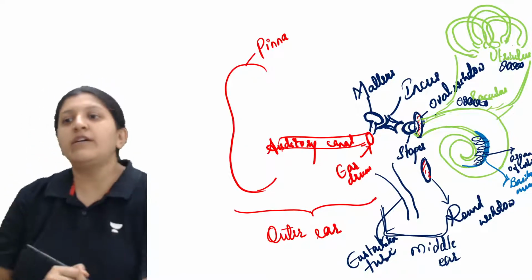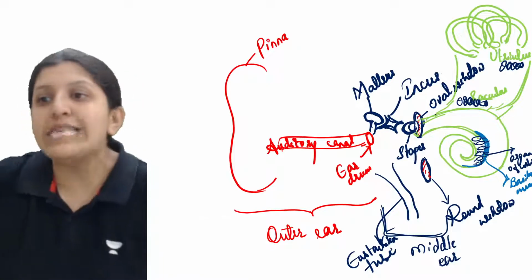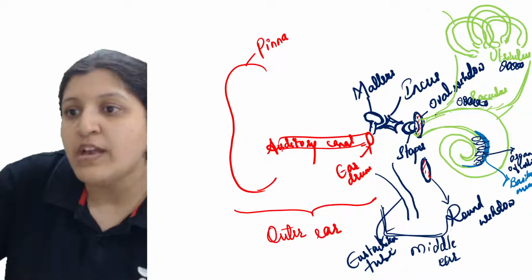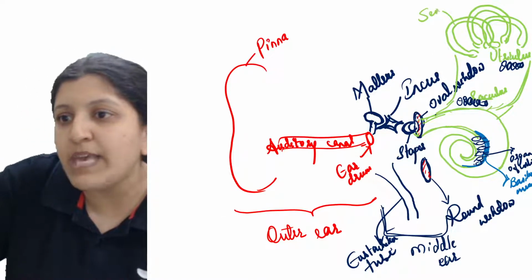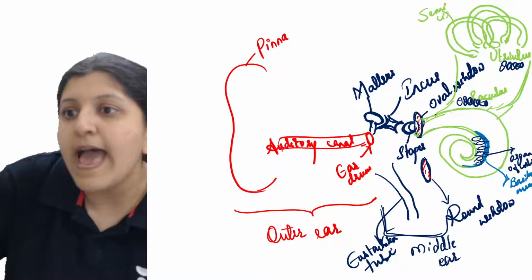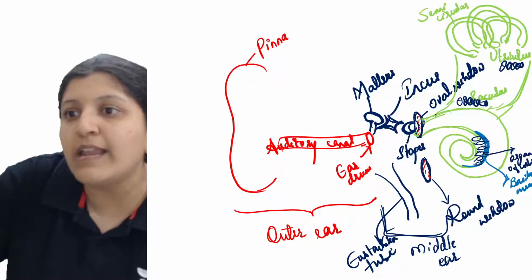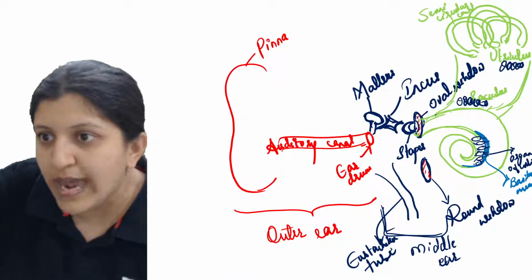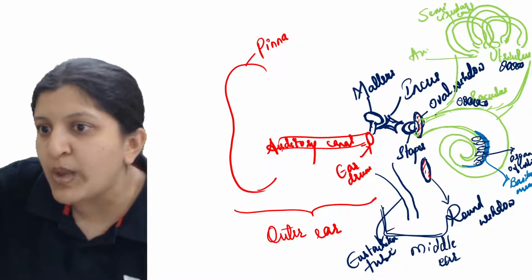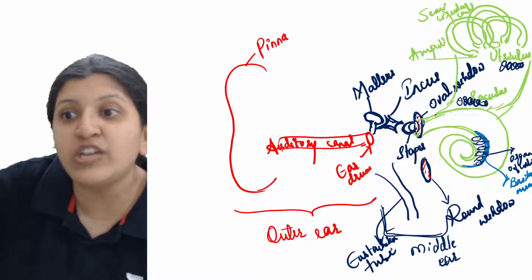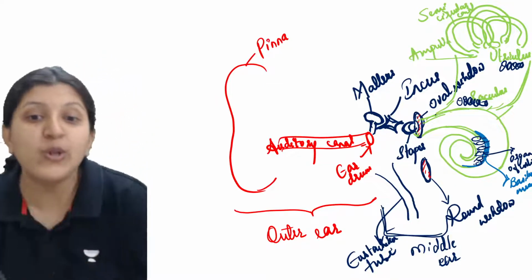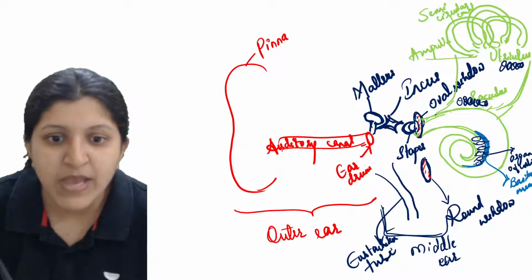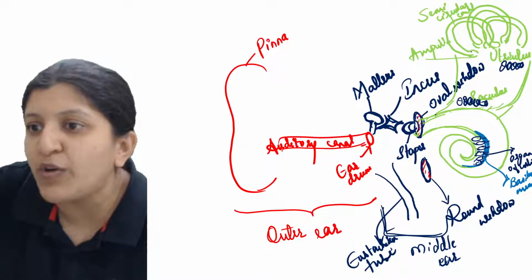So now here you can see this is a semicircular canal, and the ends of the semicircular canal which are broadened or widened, we call the ampulla. The ampulla region has a lot of sensory cells. So here you can find many of the sensory cells.